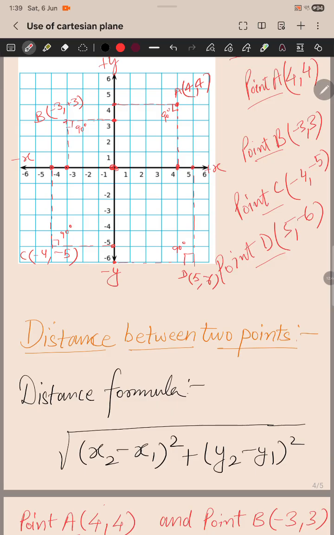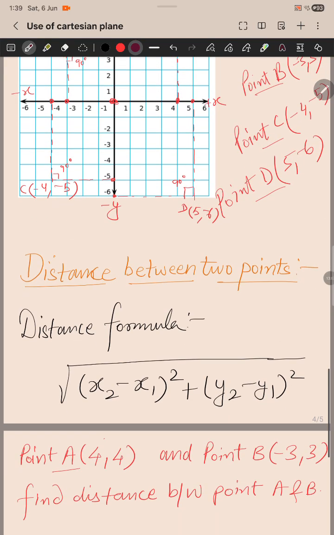So what is the distance between these 2 points? I will make a line to clear your doubt. The distance between this point A and point B. Understanding?